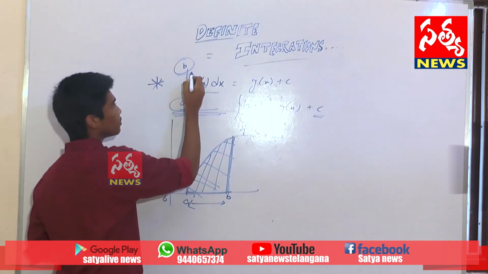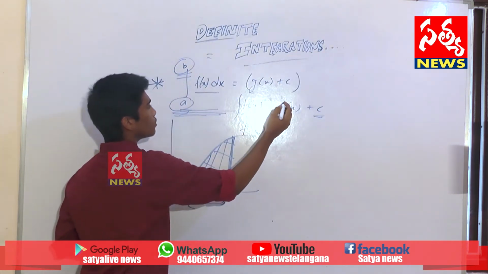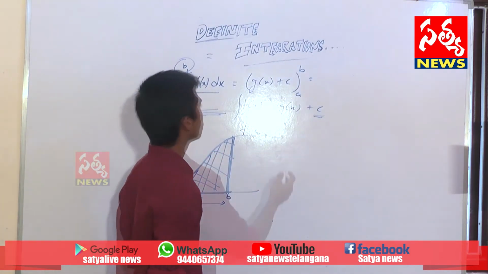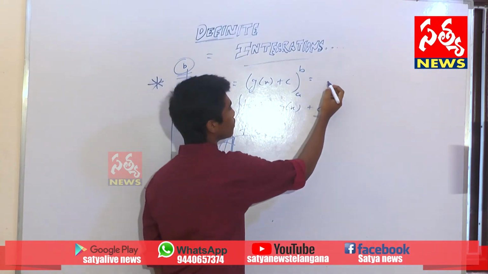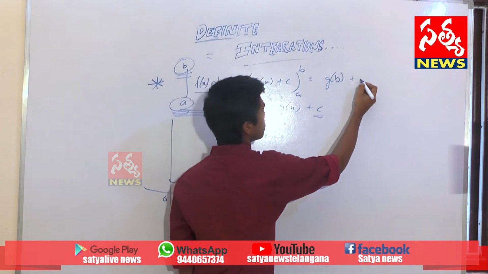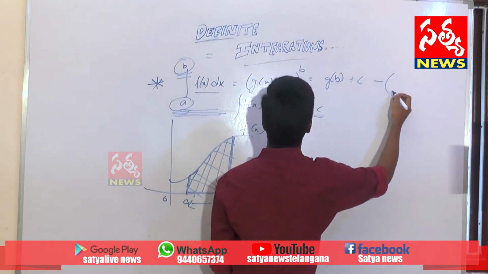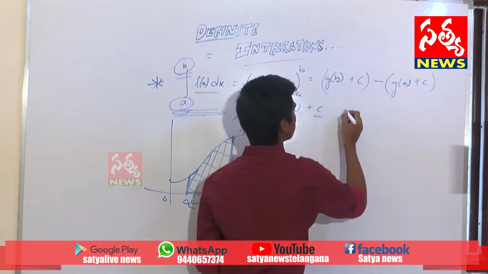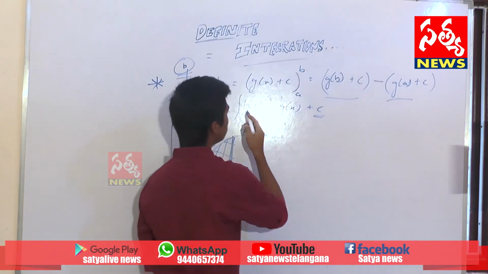And there are limits. So, the limits are written like this. If we apply these limits, the function will become g of b plus c minus g of a plus c. This is the way of using limits.